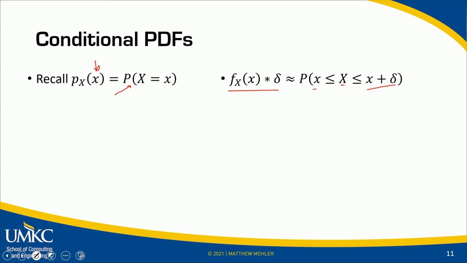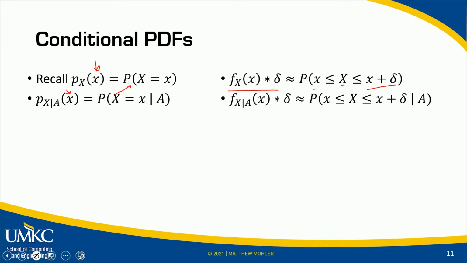Now, we can also say from probability mass functions that we had this equation where we said that the probability mass function of a random variable x when conditioned on A was just equal to the probability that our random variable x was equal to, again, this argument little x, when it was conditioned on A. And the same thing applies when we make it to the probability density functions.